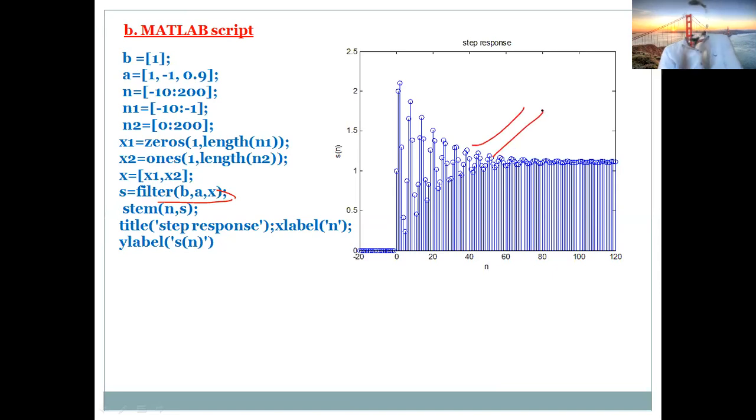MATLAB will calculate and plot the output of any discrete system if the difference equation is given for linear time invariant systems, by taking only coefficients of the equation and applying your input. You can calculate the response or output of the system using a command called filter. We'll see this next class.